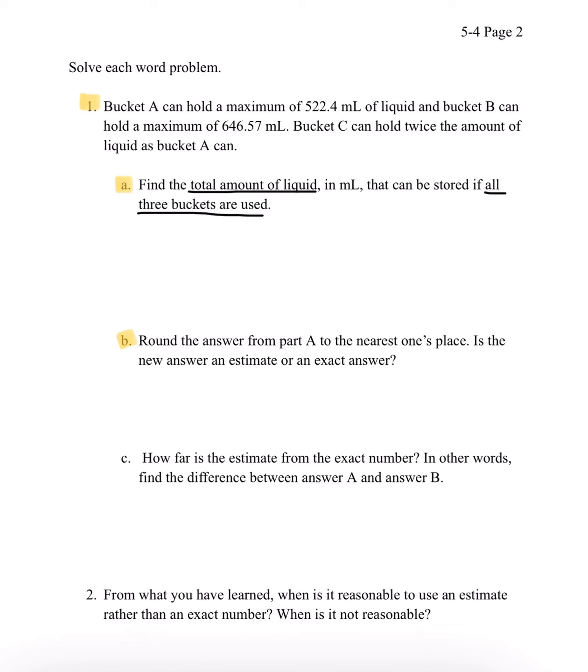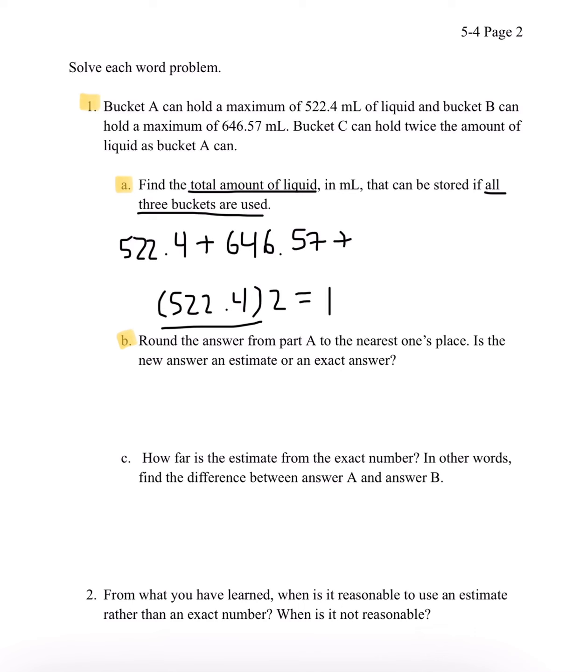So bucket A says it could hold 522.4 milliliters. And bucket B says it could hold 646.57 milliliters. And C says twice the amount of liquid as bucket A can. So how to know that is by getting bucket A and multiplying that by 2, since twice the amount of bucket A. So if we multiply that by 2, we get this.